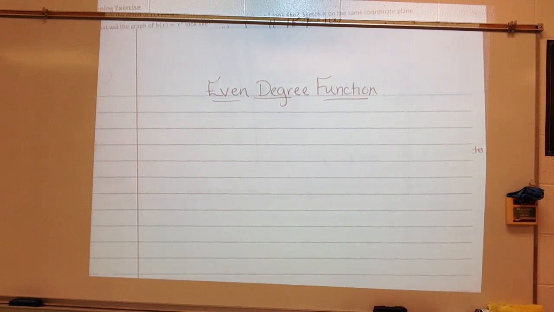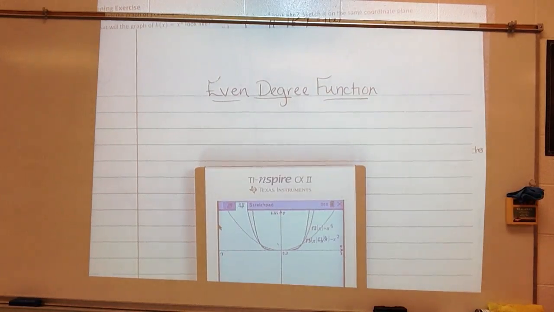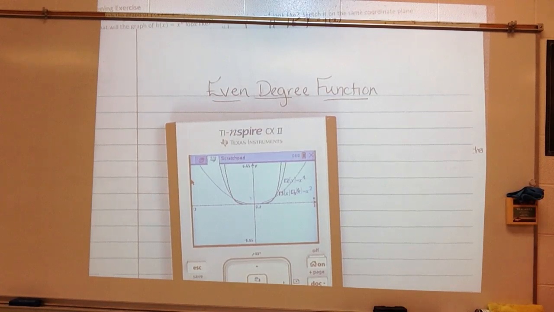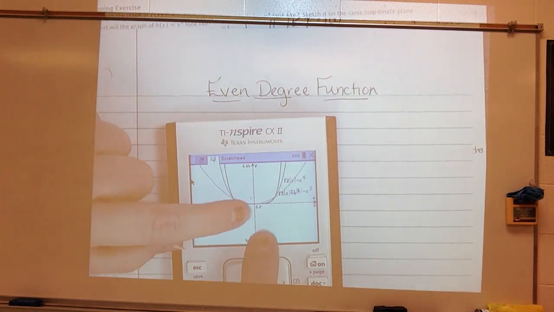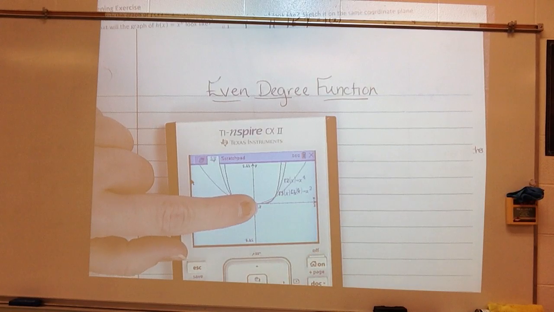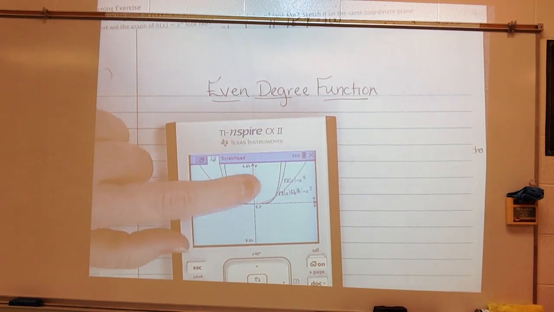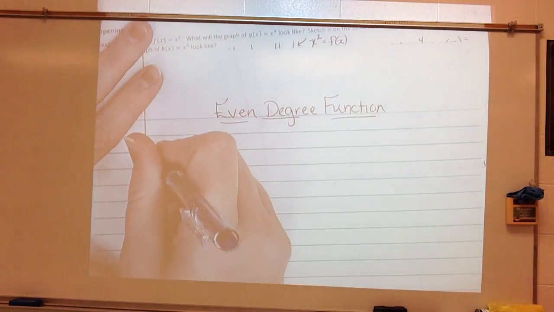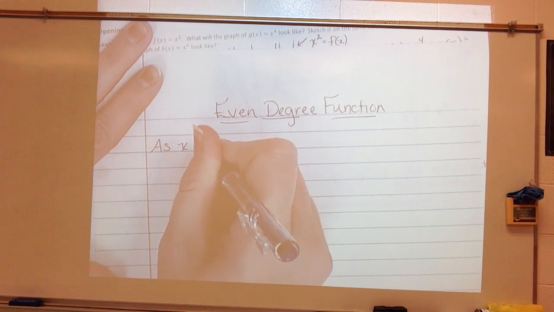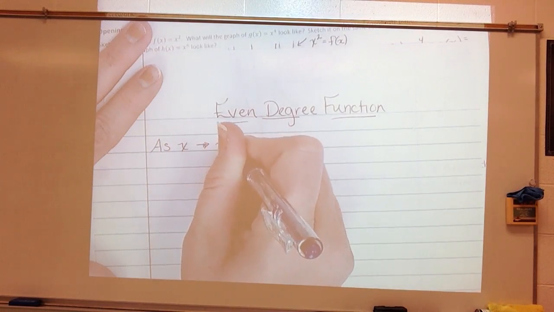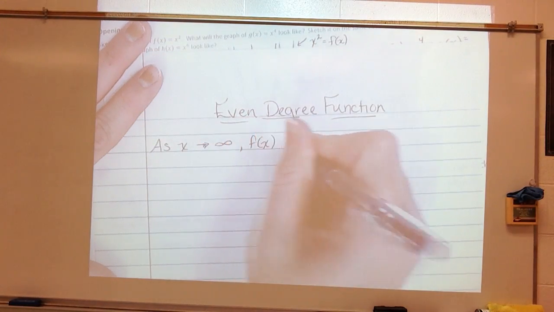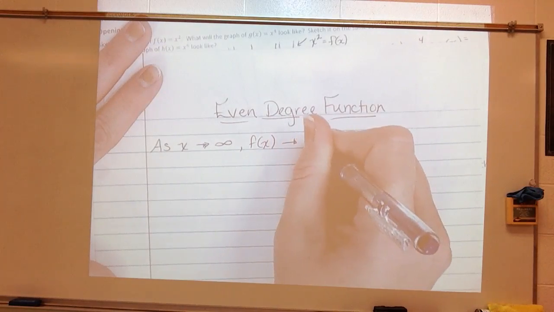Looking at the functions that we graphed at the beginning, x squared, x to the 4th, x to the 6th, I see that as x is approaching positive infinity, what's happening to my end behavior? My graph is going to keep going up. So as x approaches positive infinity, my function f of x approaches positive infinity.